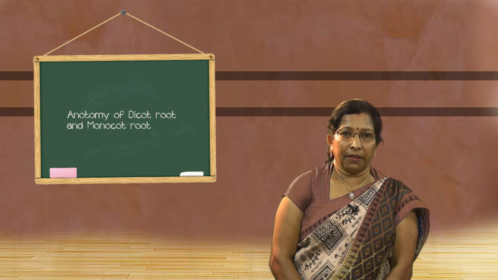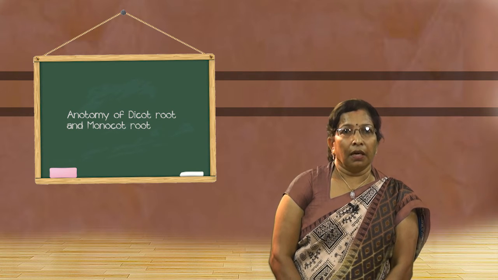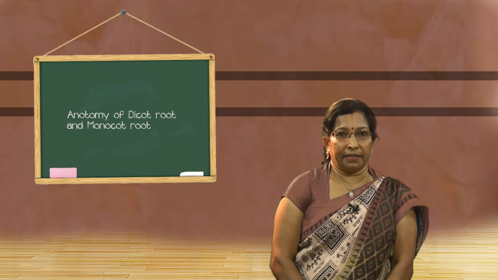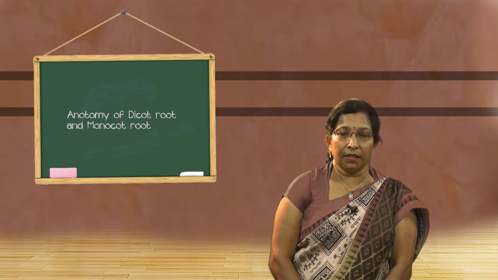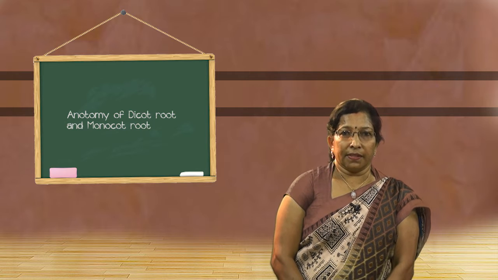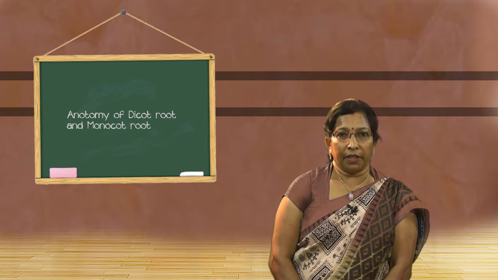So the vascular bundle in Dicot root is radial, exarch, closed, and tetrarch in condition. Tetrarch means 4 strands of xylem alternating with 4 groups of phloem. So this is about the anatomy of Dicot root.